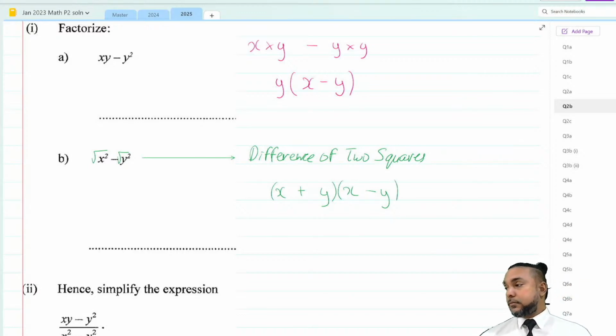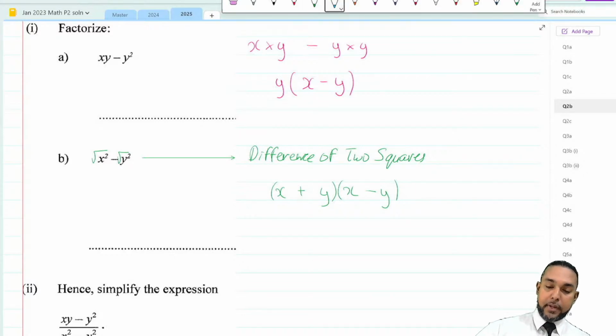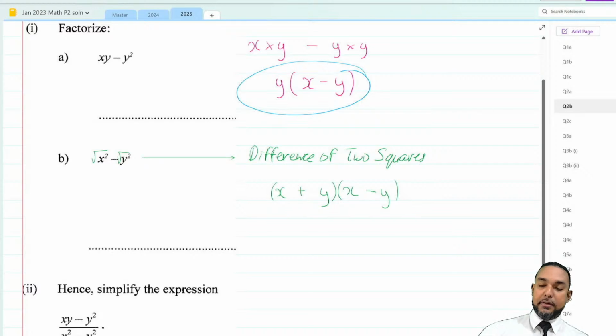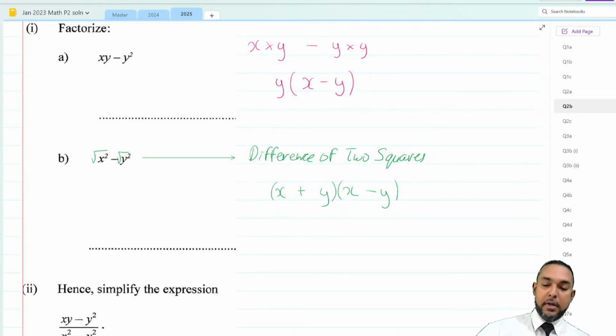Now, it says here, hence, simplify the expression xy minus y squared divided by x squared minus y squared. Now, what we could do here is use our answers in part A and part B to re-express this.